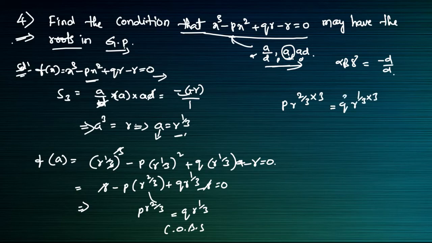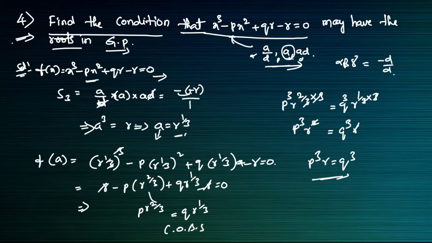The 3s get cancelled, p cube into r square is equal to q cube r will come. So this r will get cancelled, and p cube r is equal to q cube. So this is the answer of the fourth question.